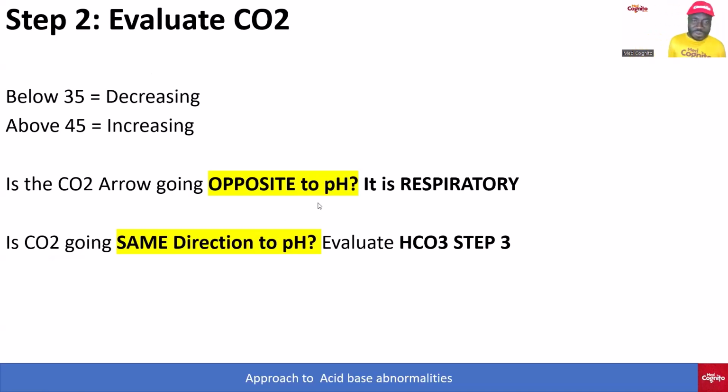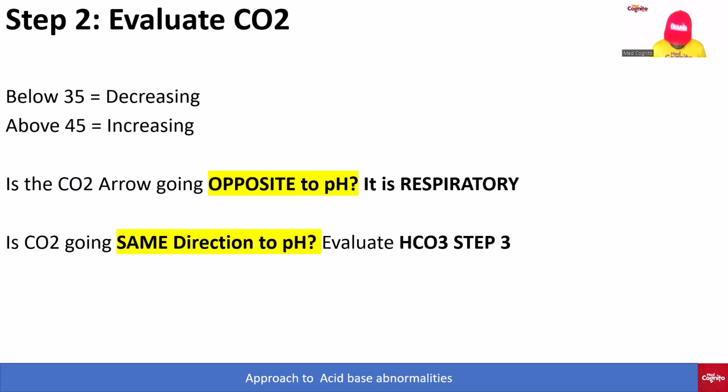To determine whether the condition is acidotic or alkalotic, we first look at the pH value, and then as per the rule of thumb pertaining to the arrows, if the arrows are in opposite directions, we ignore the bicarbonate level and conclude that it is a respiratory condition based on the pH value.